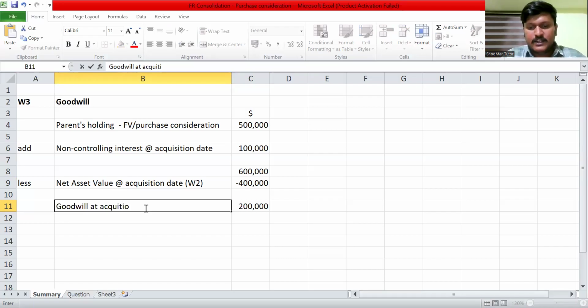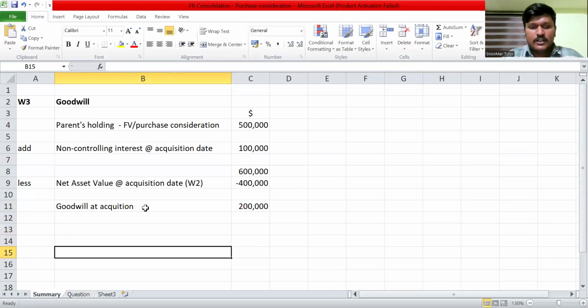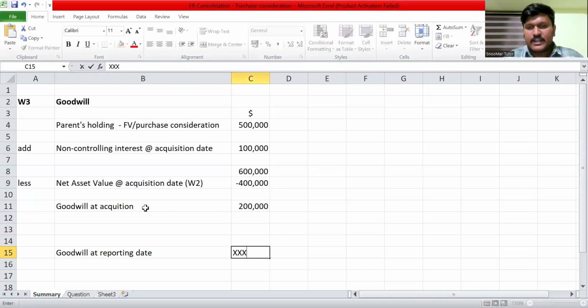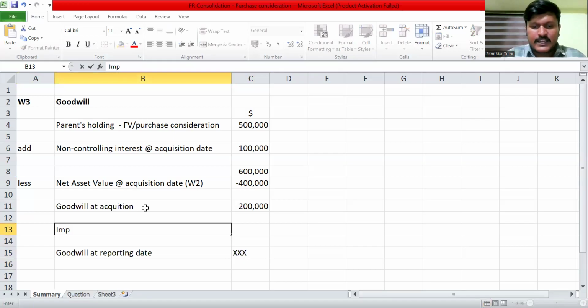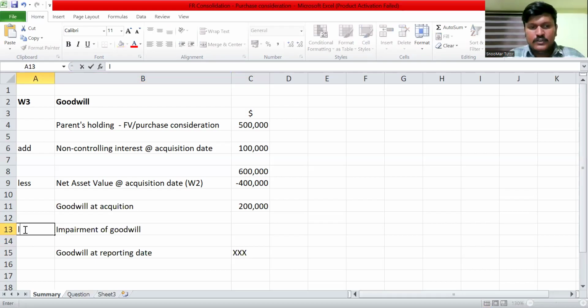Note to be made here: it is goodwill at acquisition, and the question normally would ask for your goodwill at the reporting date. I'm just putting in XXX over here. So what is the goodwill at the reporting date? There would be an impairment in some cases. Impairment of goodwill would be there in some of the consolidation questions, which you need to subtract from this figure.